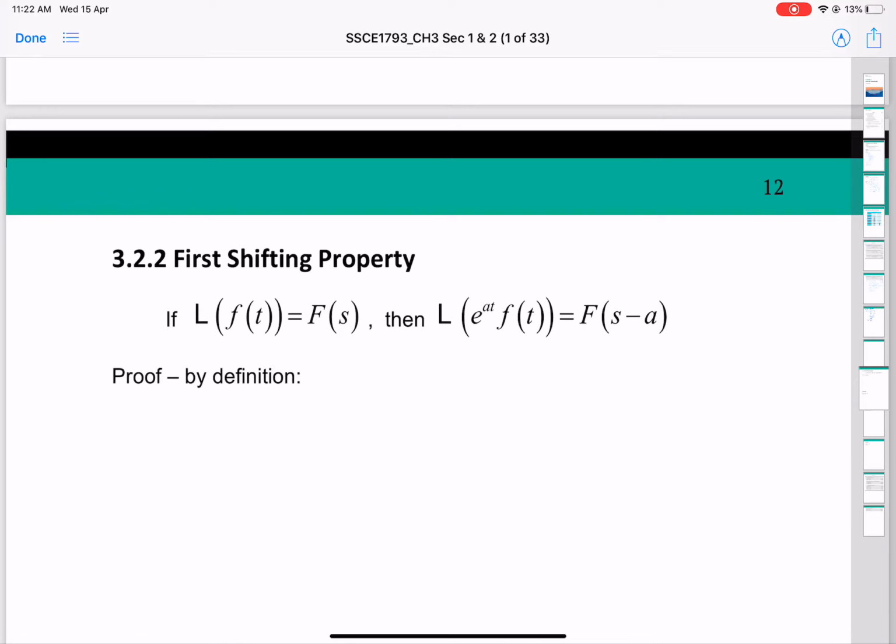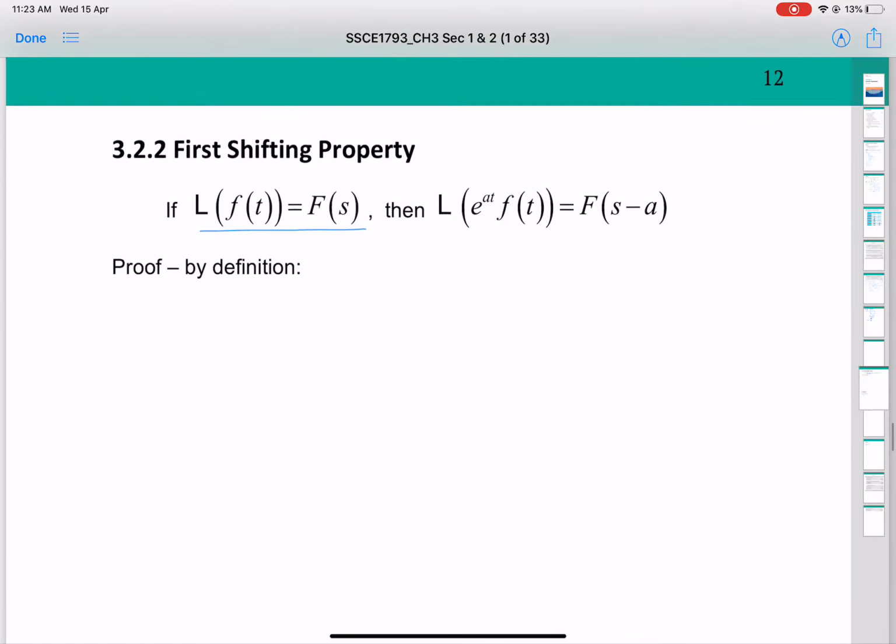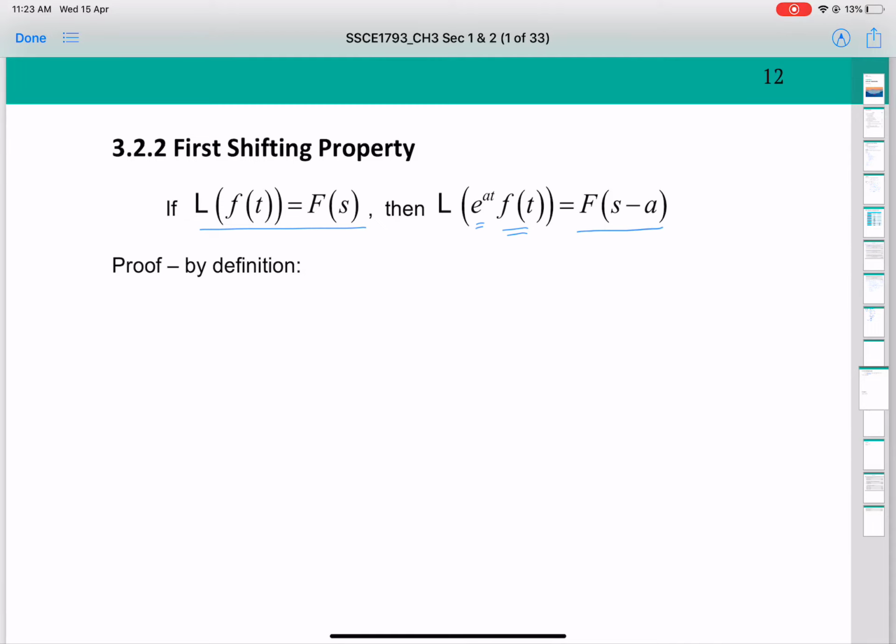Okay, so for the first shifting property, we have that if the Laplace transform of f(t) is equal to F(s), where we already defined that the Laplace transform of a function f(t) is denoted as F(s), then the Laplace transform of exponential form multiplied by f(t) will be equal to F(s minus a), where a depends on the power of the exponential form.